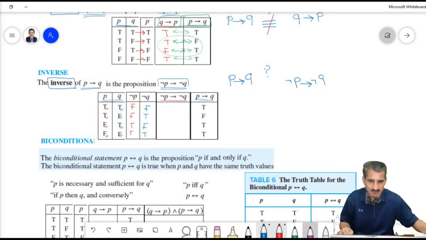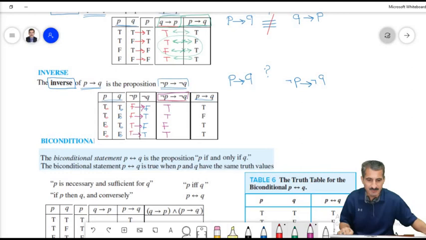Now to compute this compounded statement, we go the following way. False gives false, this is true. False gives true, false implies true is true. True implies false is false. True implies true is true.